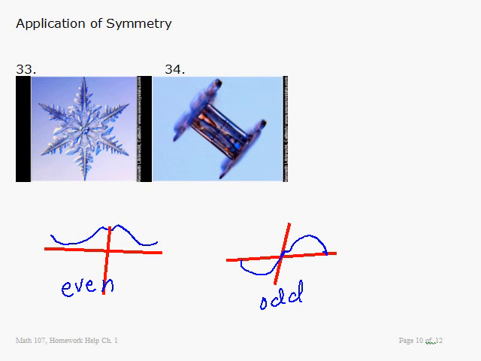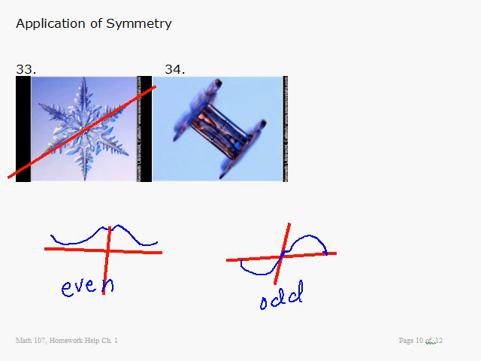When it comes to the physical world, like crystals, we look for symmetry with respect to any line that we can find. That means we could draw a line anywhere. In this case, I'm going to draw a line right through here. You can see if I folded that snowflake over, it would lie on top of itself.